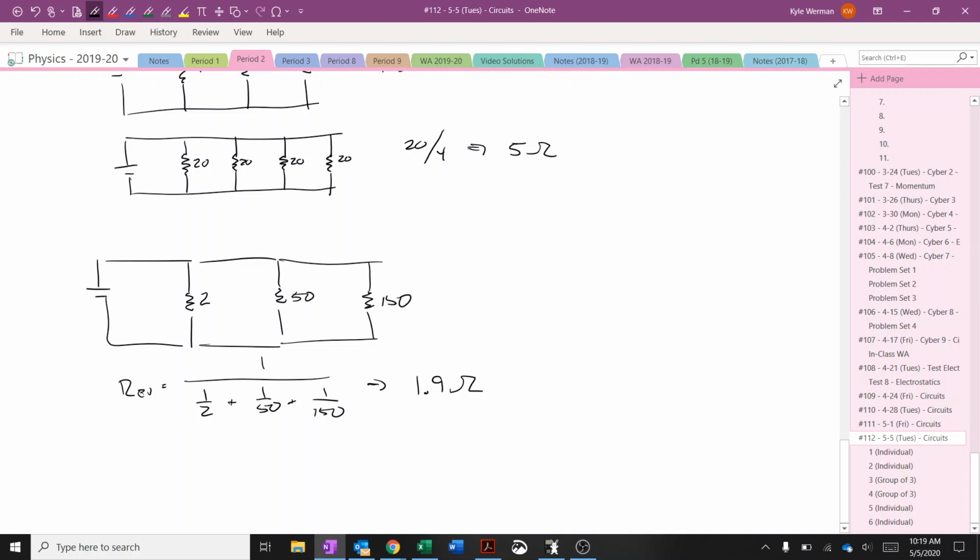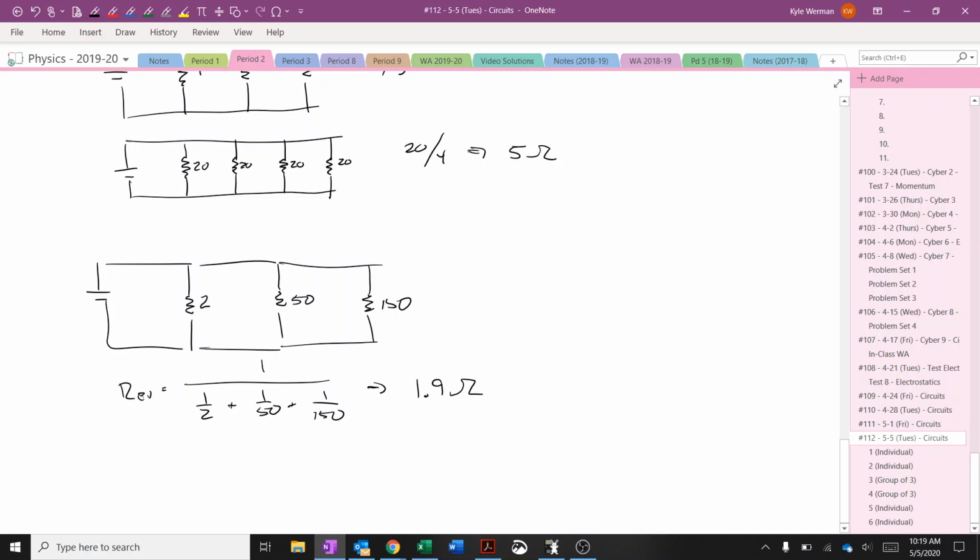In parallel, the equivalent resistance, REQ, is always smaller than its smallest resistance in parallel.